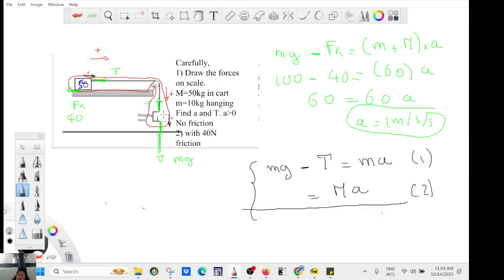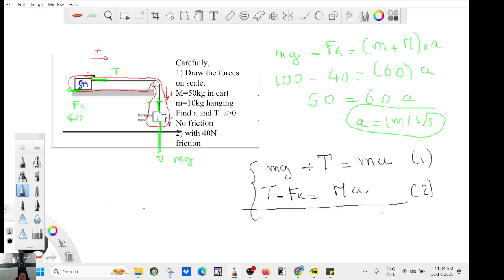Now, if you want to do it body per body, you can say, okay, I'm going to focus on this one. You still have mg minus T equals ma. If you focus on that one, you say loser, winner, minus loser equals ma.